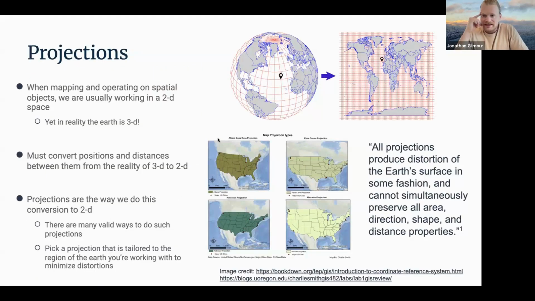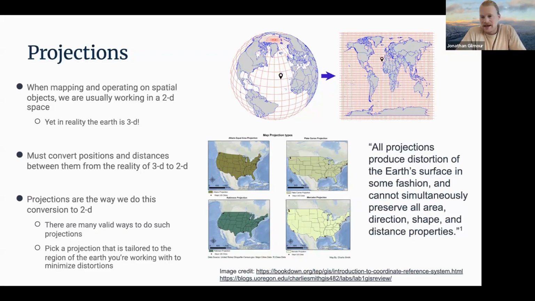Another thing that is important to think about when we're talking about visualizing spatial data is projections. When we're working with spatial objects, we're usually working in 2D space. The computer that I'm using right now is a two-dimensional screen.